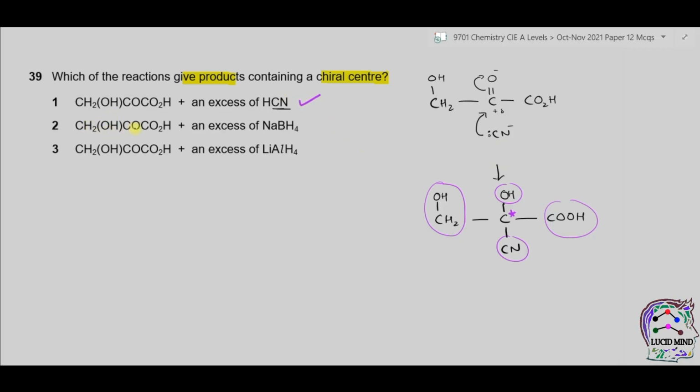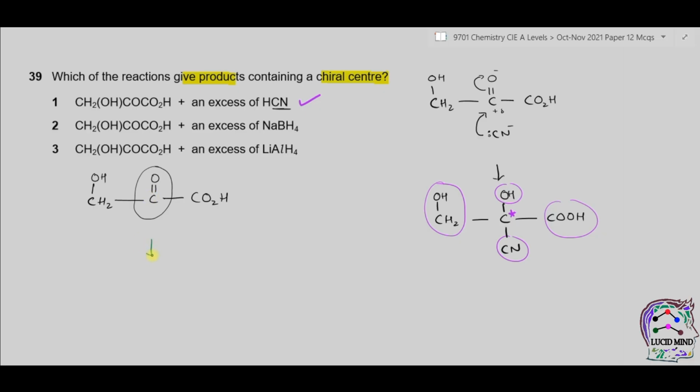Second one is CH2OH, CO2H with NaBH4. Now sodium borohydride, NaBH4, can reduce ketone into secondary alcohol. So this carbonyl carbon will be converted into a secondary alcohol functional group.